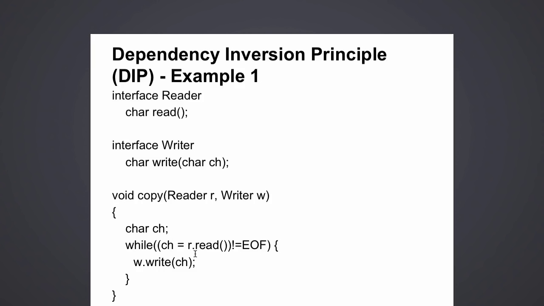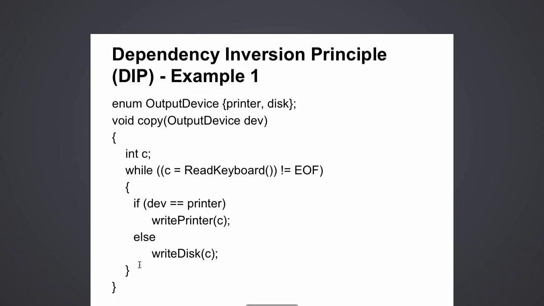Compare this with the other implementation. So we have an interface reader, interface writer, and when we want to copy from a reader to writer, all that we do is something of this kind. This is a much cleaner implementation compared to the earlier example, because in the earlier one, whenever a new device is added, you need to change everything.